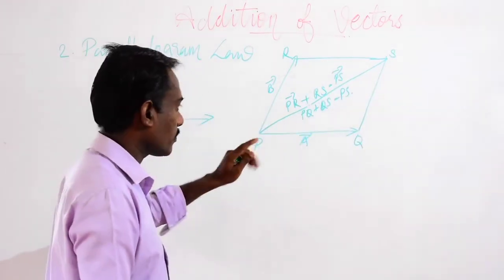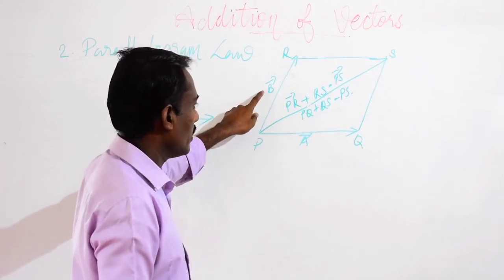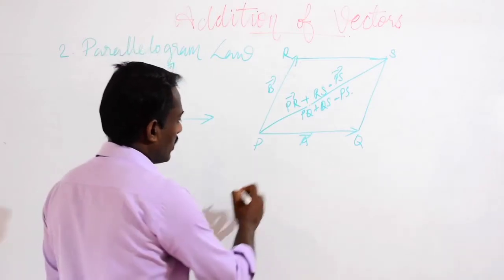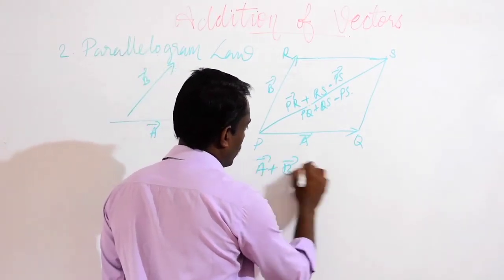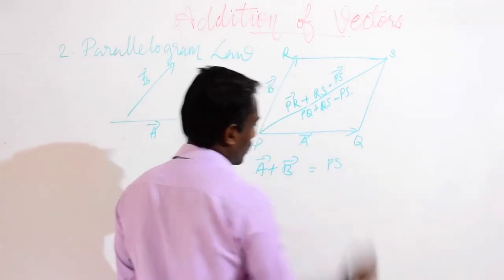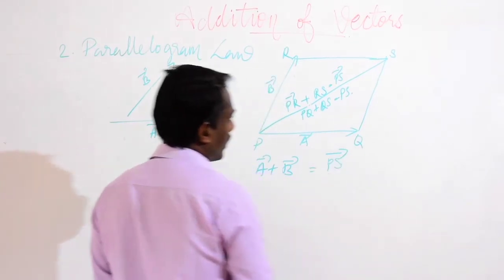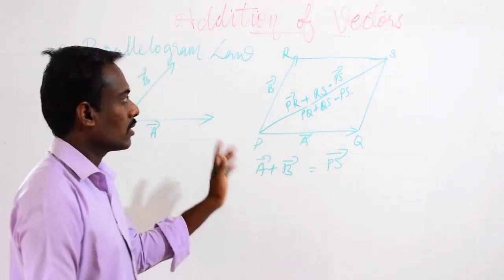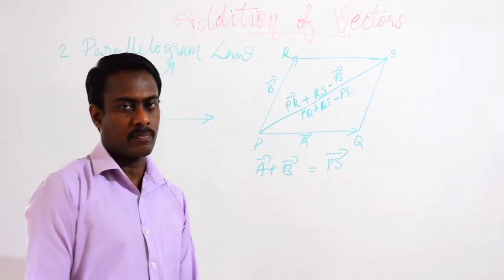So when vectors A and B are added together, we can write A plus B is equal to PS. That is the resultant vector C, and this is the parallelogram law of vector addition.